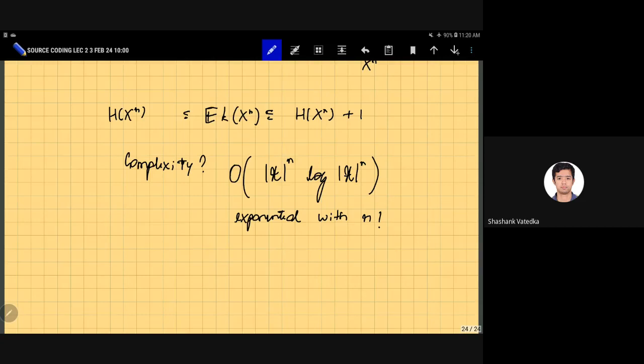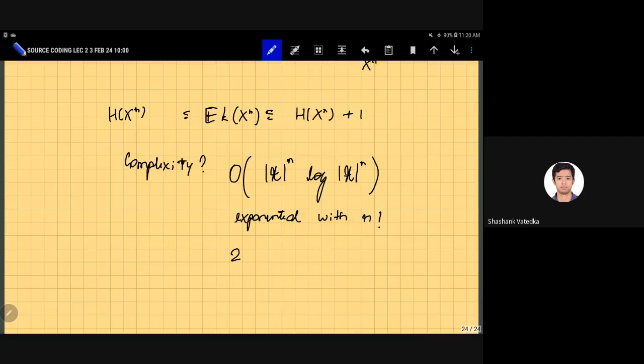So for example, if we want to encode an ASCII text file, the cardinality of x would be 256. Or let's say we want to encode a sequence of English characters. Let's assume that all we have are the 26 letters in the English alphabet along with spaces. It's a gross simplification.